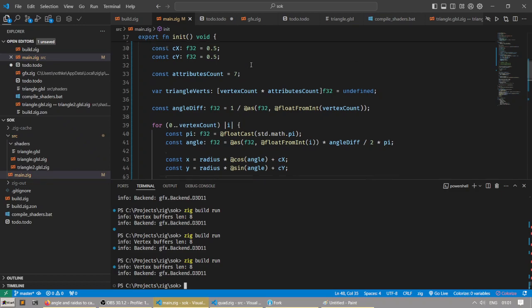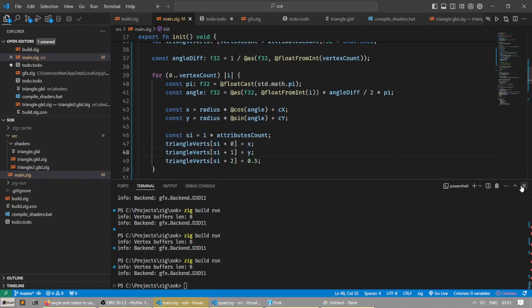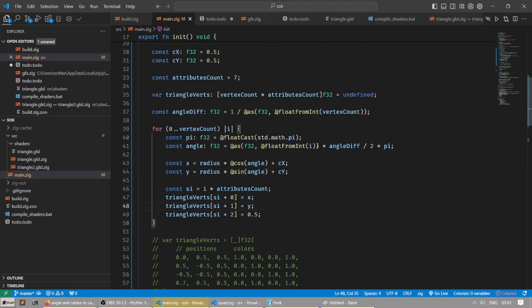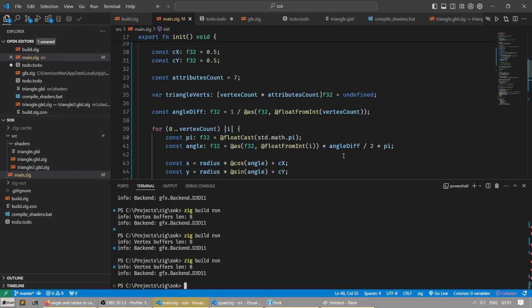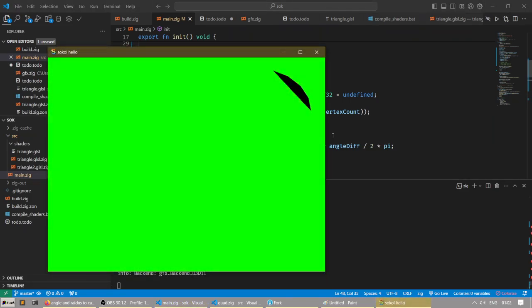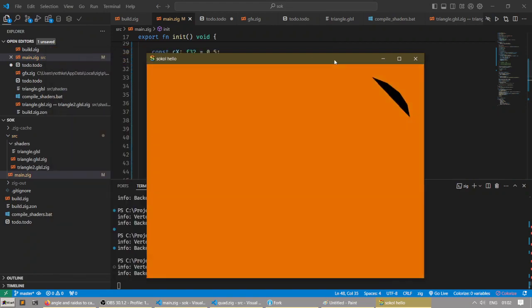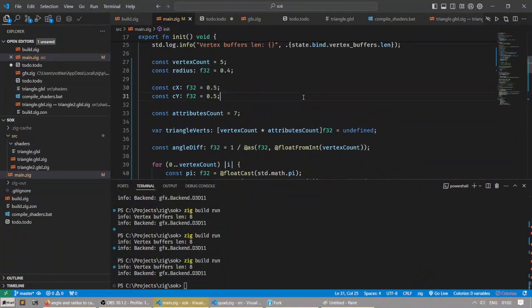What? I am doing something strange somewhere. And also, why is my circle over there? It feels like it's in the upper right quadrant, right? Entirely. Even though the center is at the middle.